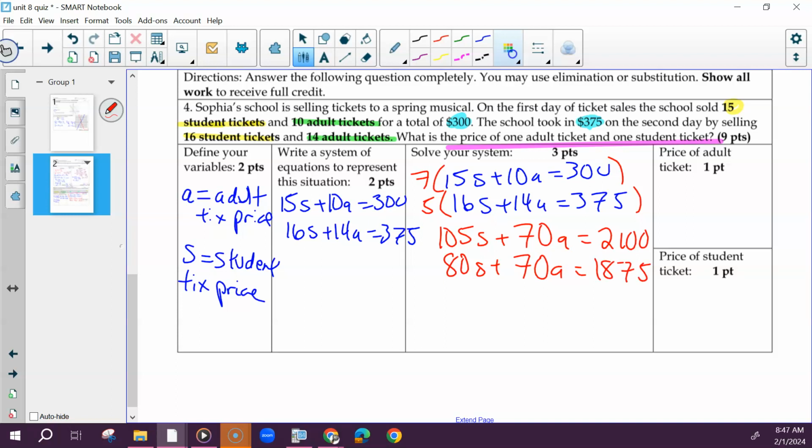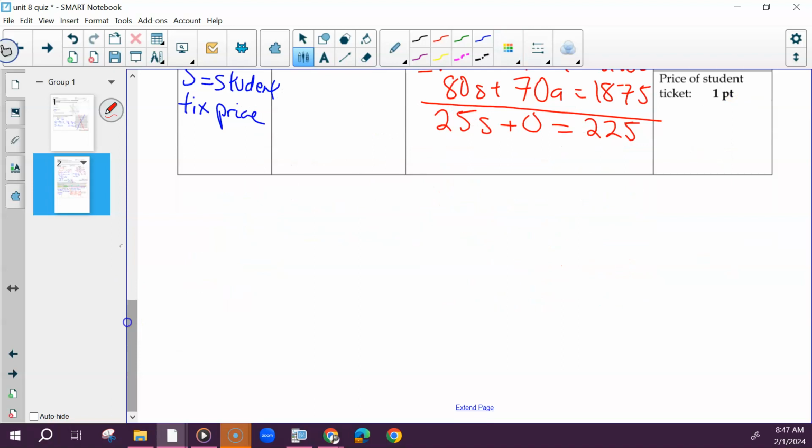Then to eliminate the a's, we could have subtracted. So we have 25s plus 0 equals 225. And divide both sides by 25.